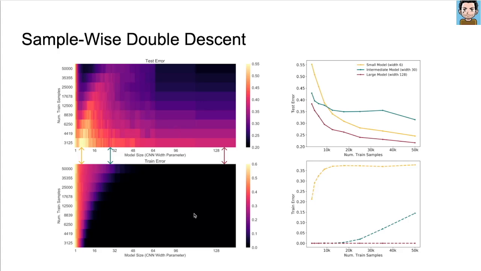For the large model, the train error remains roughly the same since the model capacity is large enough to overfit the training data and generalize on the test dataset. For the intermediate model, which is a surprising case, the train error remains stable for some time and then increases as we increase the training dataset because the model capacity is no longer enough to memorize the training data.